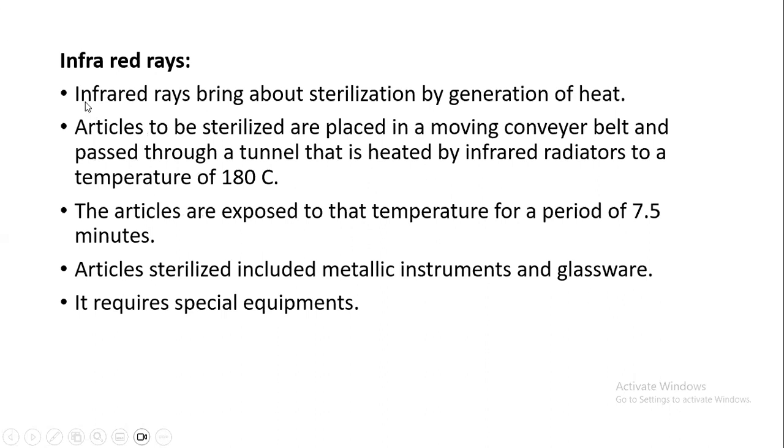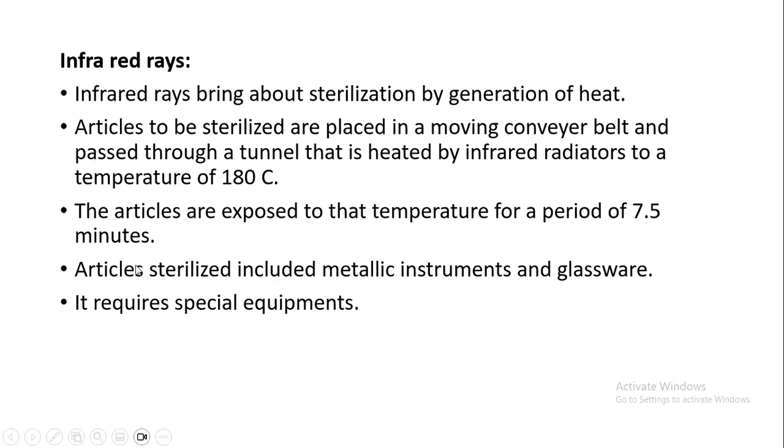Then we have infrared rays, and infrared rays bring about sterilization again by generation of heat. So basically you have a conveyor belt that is moving, and whatever articles you want to sterilize using infrared are passed through a tunnel with the help of the conveyor belt. The tunnel is heated by infrared radiators to a very high temperature of about 180 degrees Celsius.